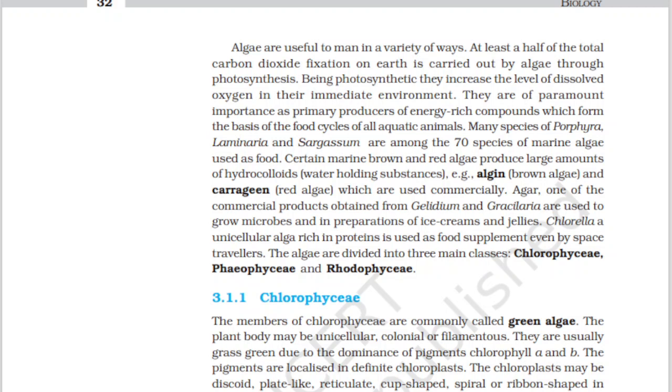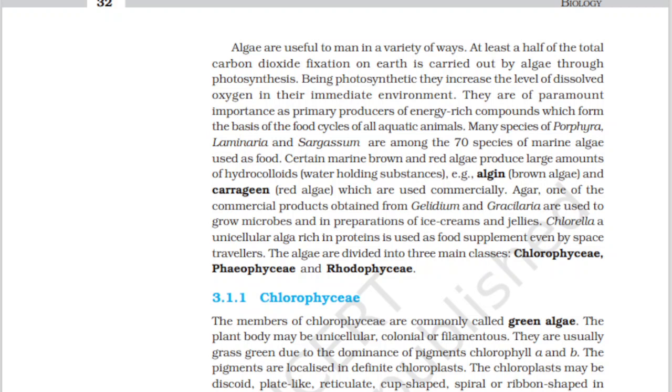Algae are useful to man in a variety of ways. At least half of the total carbon dioxide fixation on Earth is carried out by algae through photosynthesis. Half means 50%.